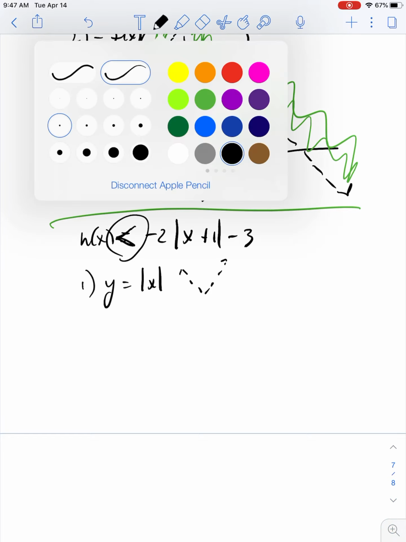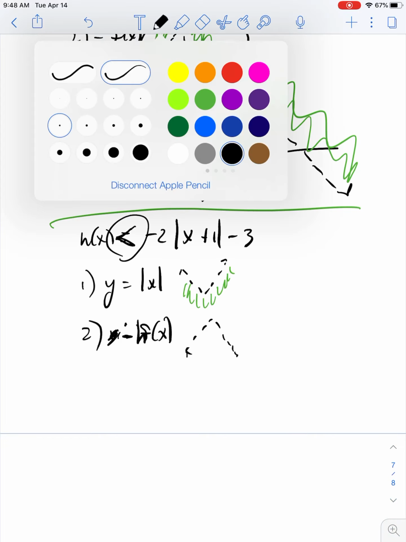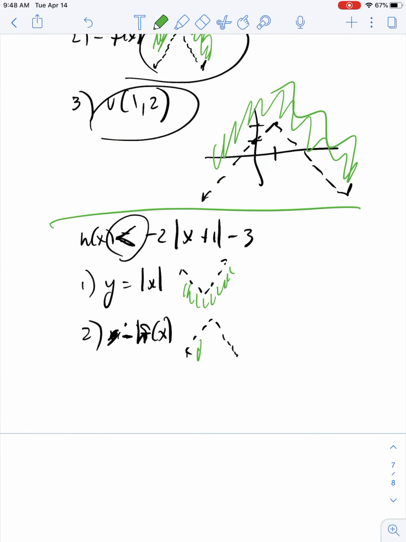Okay, shading purposes, it is less than, so it's going to be down below. Okay, so now 2, my vertex, actually, there's a negative on the outside. I should probably say h, not f. So that means it's now flipped. But my shading still is below.